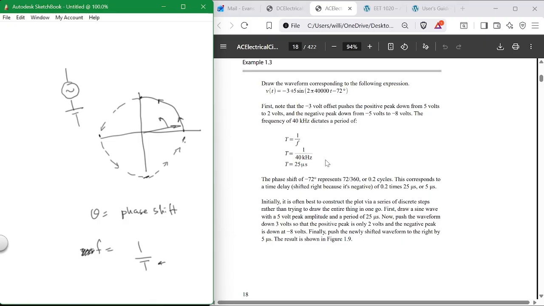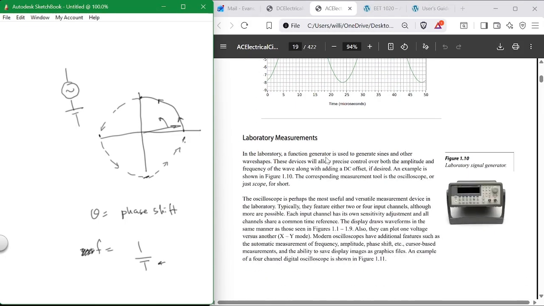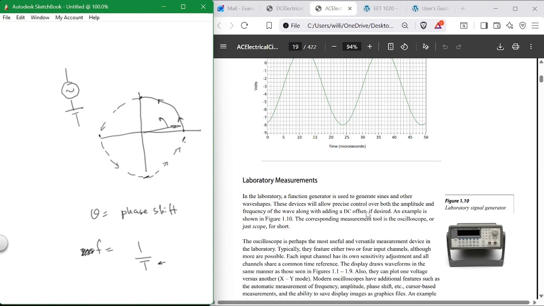All right, so finding f from T, T from f, that's important. Also being able to look at an oscilloscope signal and being able to find its frequency. But again, like I said, you push the right button on that oscilloscope, and it'll tell you the frequency, it'll tell you the phase shift, it'll tell you everything you want to know about those signals. It'll tell you everything about it.